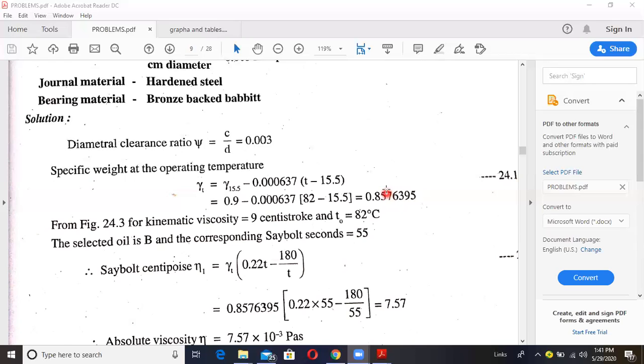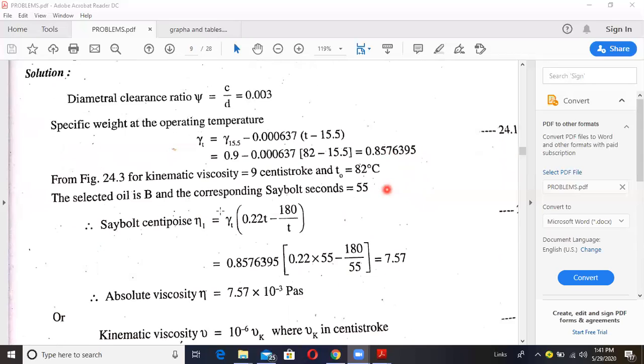Next, this is the final formula to calculate eta. Now we have calculated gamma T. Now we are going to calculate T, that is Saybolt seconds, by using the kinematic viscosity of 9 centistokes and the operating temperature of 82.